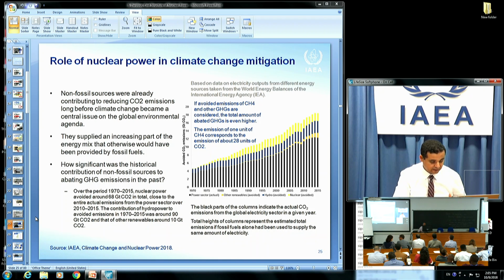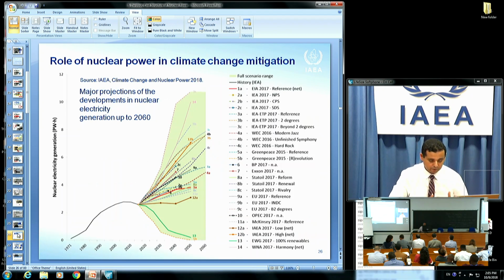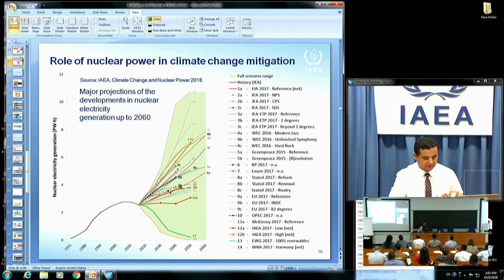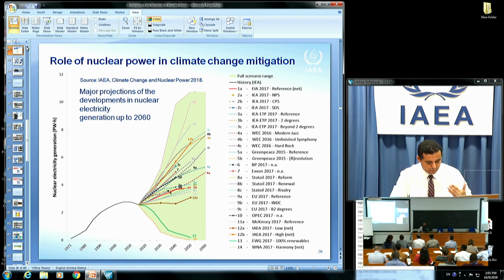On slide 26, how the share of nuclear is going to evolve and how demand for electricity is going to evolve will influence how nuclear could be used for mitigating climate change effects.